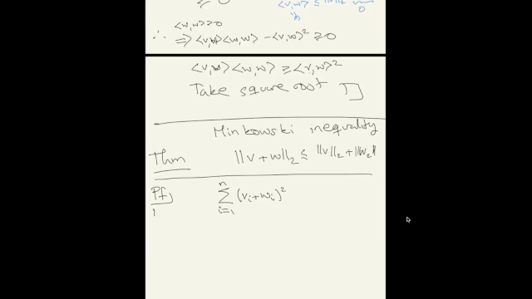We should start the proof with saying let V and W be arbitrary. But then we can start computing the sum of (Vi plus Wi) squared.